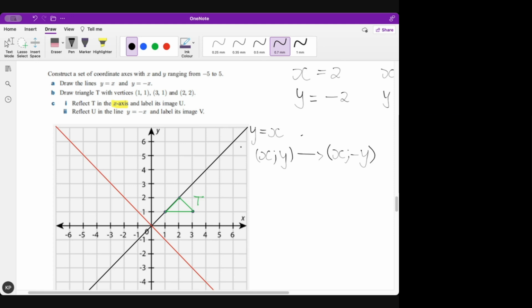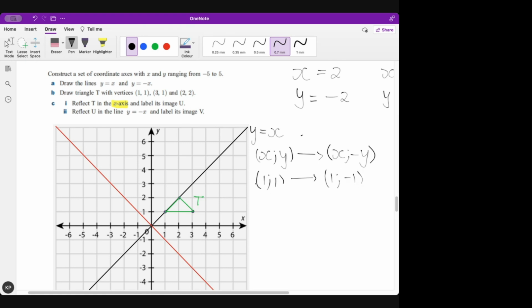Nice, Seth. So that means I'm going from 1, 1. What are my new coordinates for this point? Nice, you are pure, 1 and negative 1.